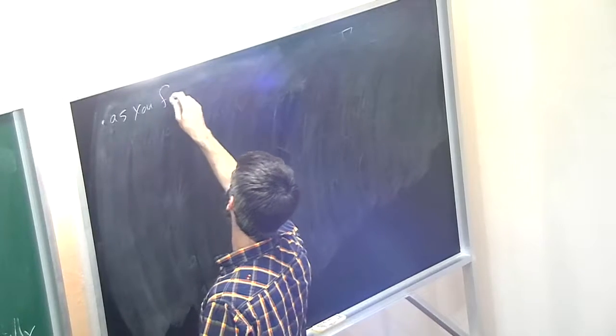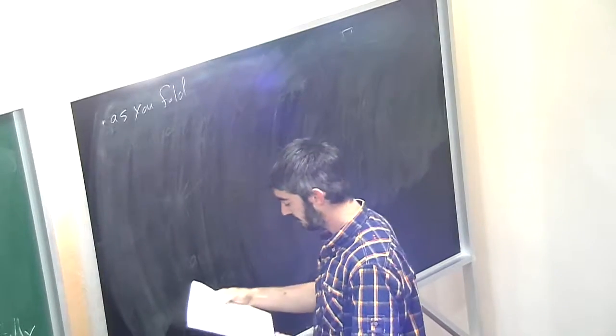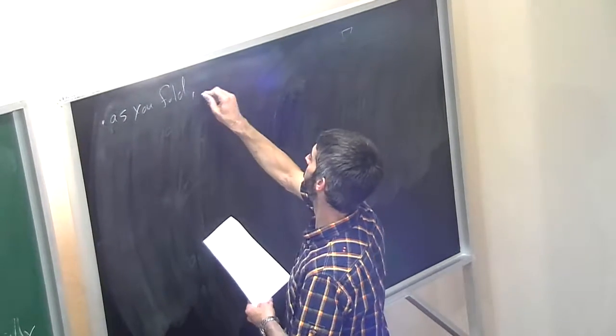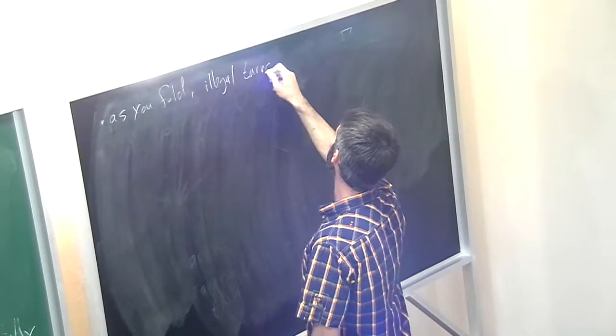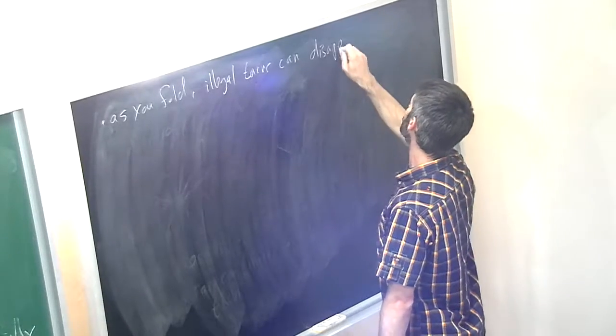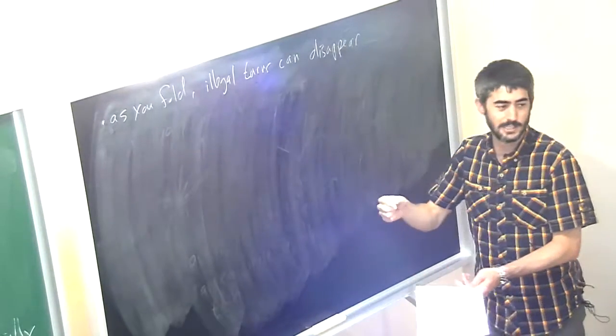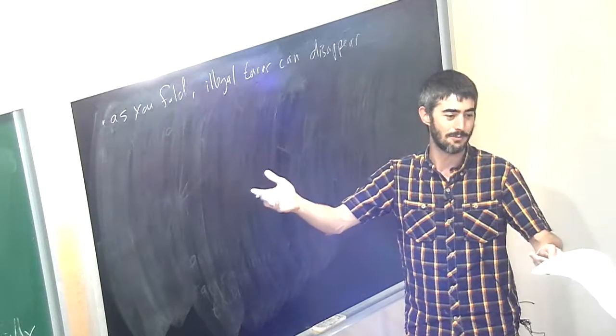Another fact is that as you fold, by fold I mean you're moving forward and seeing how the core changes as you move along, illegal turns can disappear. So it could be that an illegal turn, as I fold forward, eventually just vanishes.